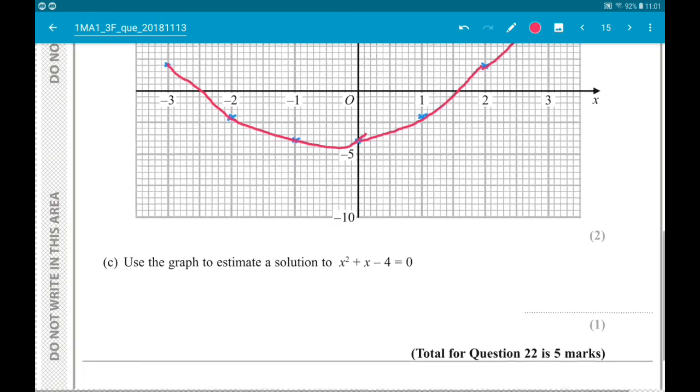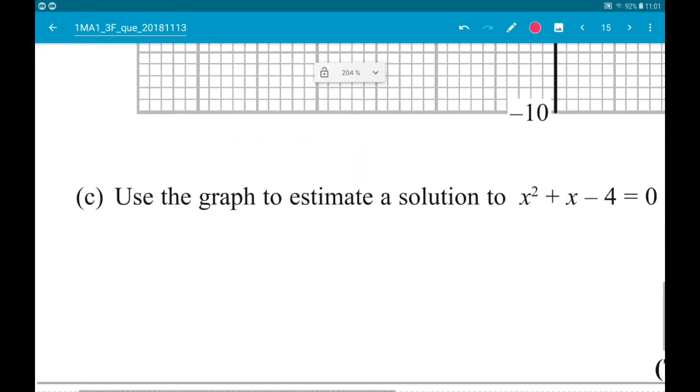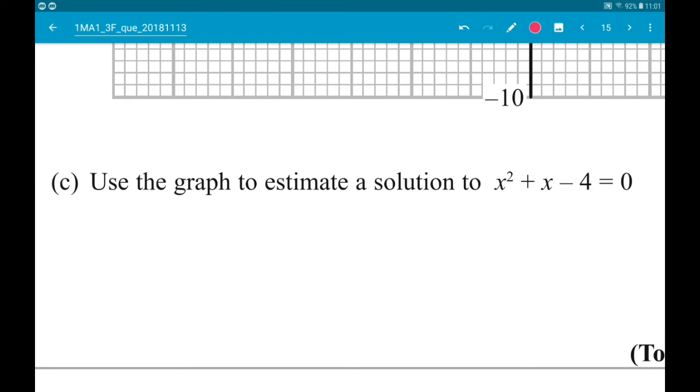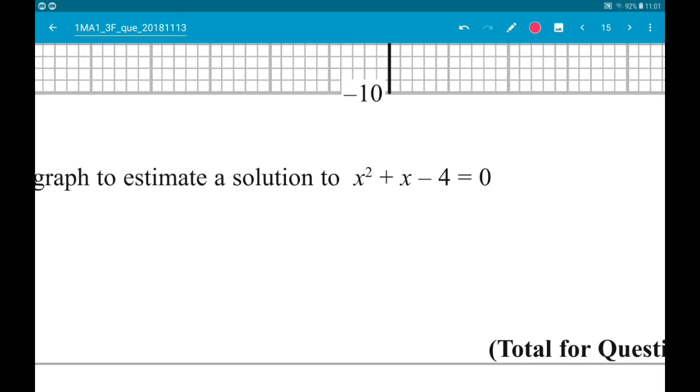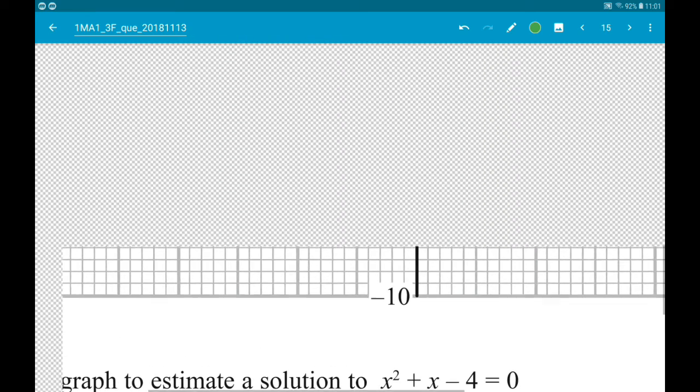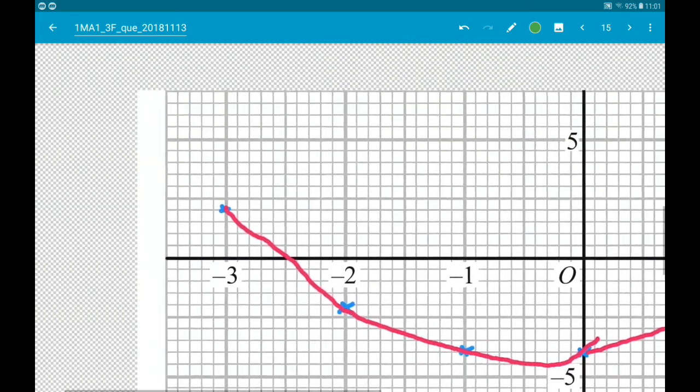Okay, then for part C, now we want to use the graph to estimate a solution of x squared and x minus 4 is equal to 0. So graphs are equal to 0 where they cross the x-axis. So we're going to get 2 possibilities here.